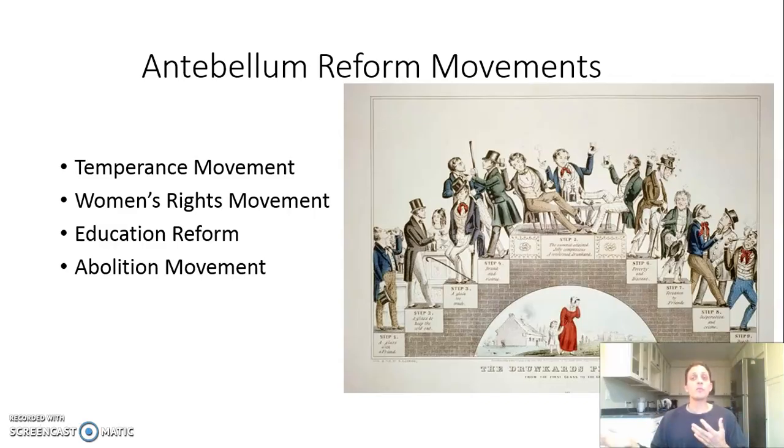Unlike some of these movements we've learned about recently, like the progressive era, which comes more from a secular influence, this is coming more from a religious background because they think some of these things happening in American society are immoral. And you see this famous poster, I think it's the 7 steps or the 9 steps to being a drunk. These were popular to try and convince people to limit their alcohol consumption.